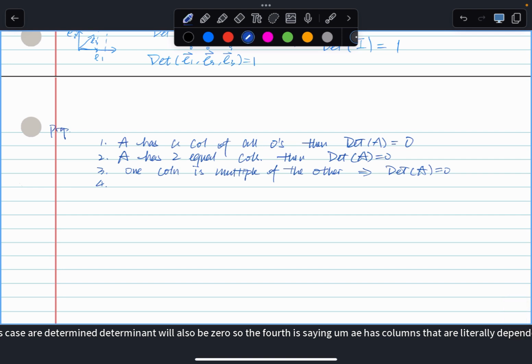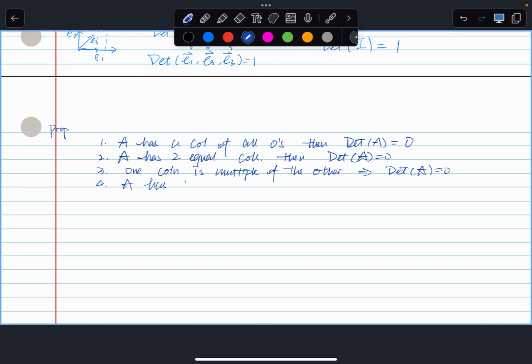So the fourth is saying that if A has columns that are linearly dependent, then the determinant is 0.